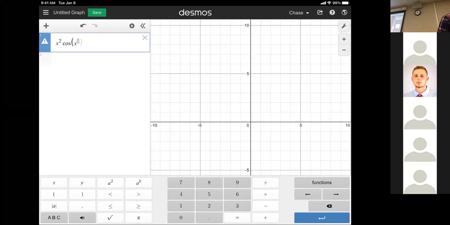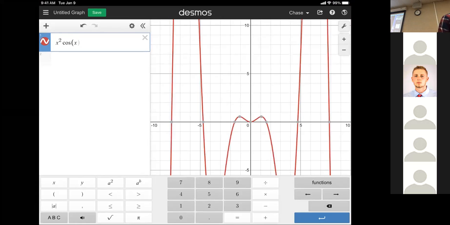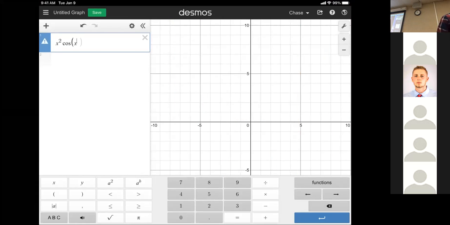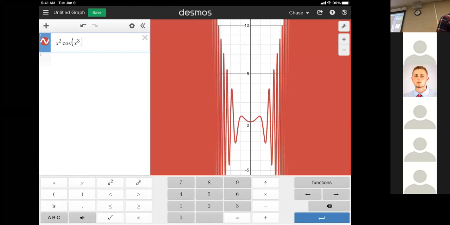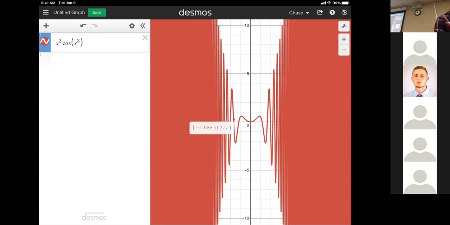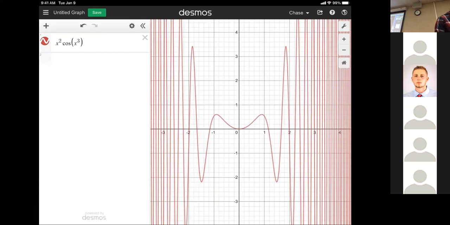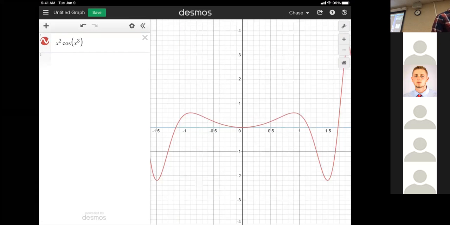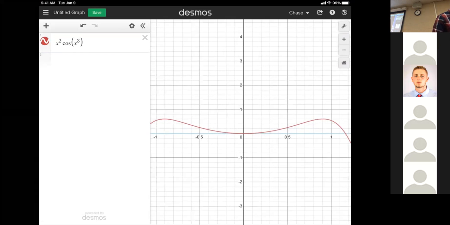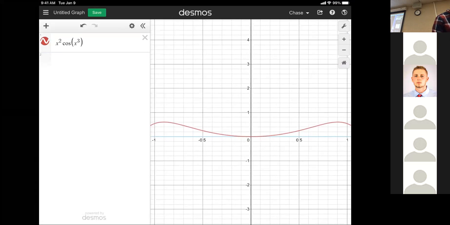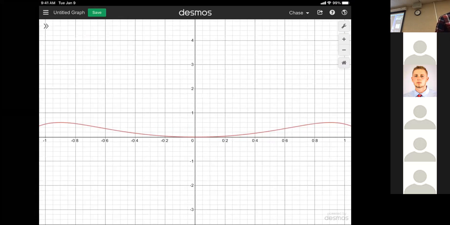Cosine of x to the third. Beautiful. And we wanted to find the area under this thing between x equals plus and minus 1. Perfect.